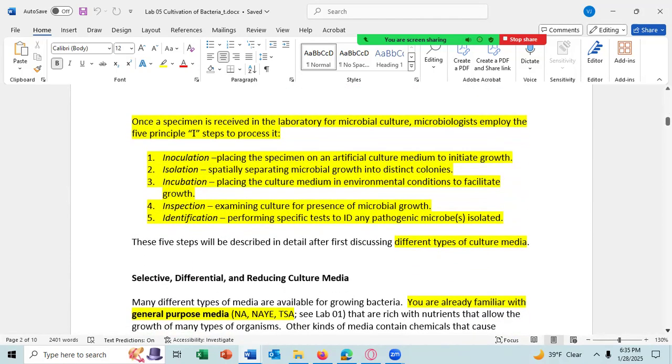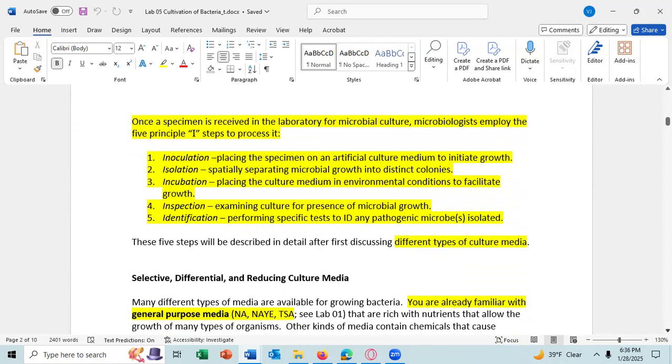Once a specimen is received in the lab for microbial culture, microbiologists employ the 5 principal steps to process it. First, inoculation; second, isolation; third, incubation; fourth, inspection; and fifth, identification.